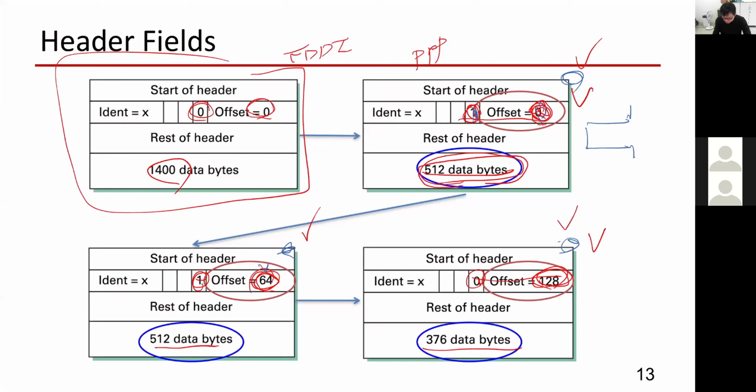Then, okay, shifted 64. Oh, there's a following. Okay, I didn't close it. Okay, shifted 128. Oh, you are the last. Okay, after 376, 512, 512, this is one packet. Then I can deliver to my upper layer. Clear?